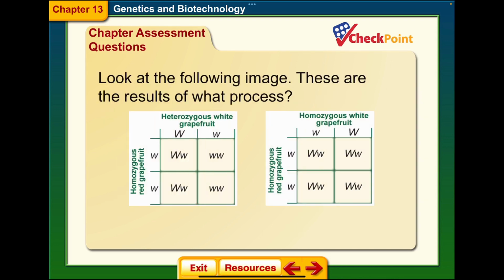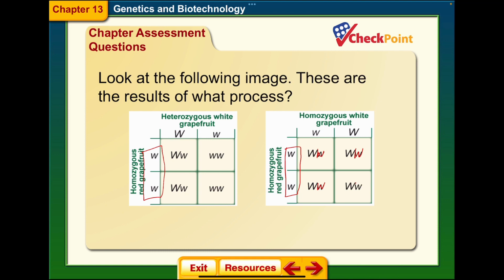Moving on, next question. Let's look at the following images. These are a result of what process? If we look closely, we can see that we use homozygous recessive as a parent in both of these. They have just made a mistake in the image, so these are all supposed to be capital letters.